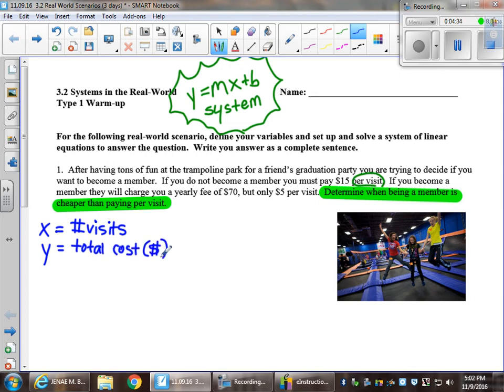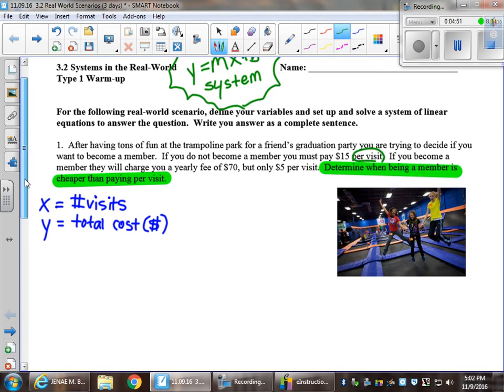Now that my variables are defined, I'm ready to set up my system. And again, mentally, I know I'm looking for 2 y equals mx plus b equations here. So the next step is to say, well, what's being compared? This whole thing is about belonging to a trampoline park. So we have information about being a member and information about being a non-member.